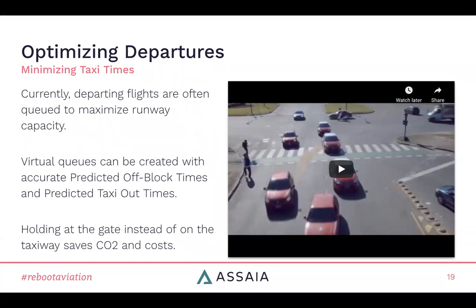So again, going back to increasing visibility and increasing data and knowledge and making these off-block time predictions more accurate, you can build a much better virtual queue and give the aircraft the pushback clearance, taking into account variable taxi times to make them end up at the runway at exactly the same time, so not sacrificing runway capacity in exchange for this sustainability gain that you can win.